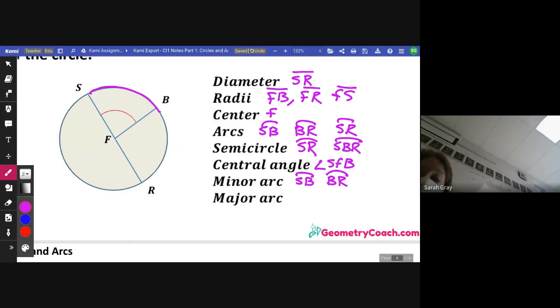There's a couple options. You could go SRB, or you could go BSR. Both of those go about 3/4 of the way around the circle.